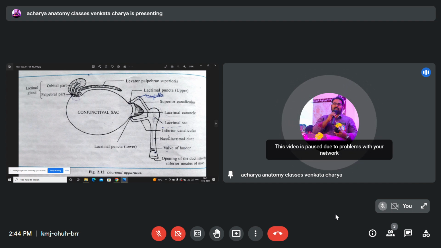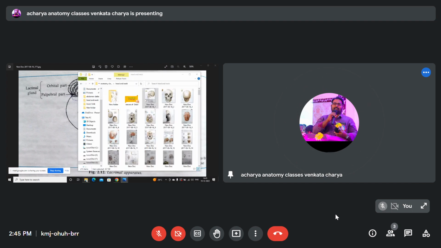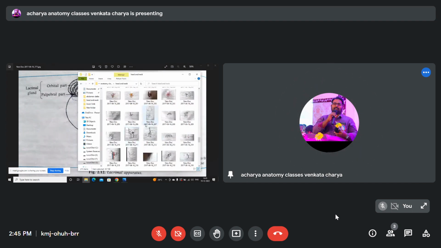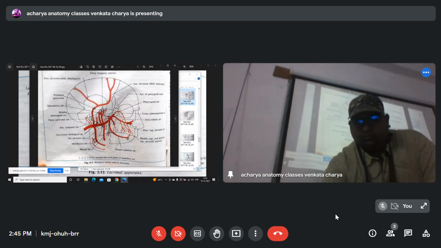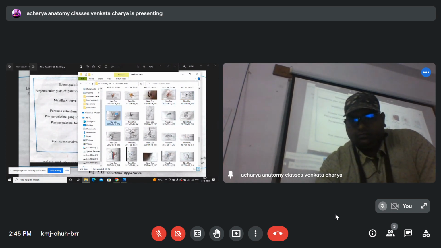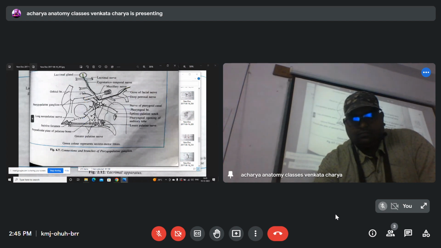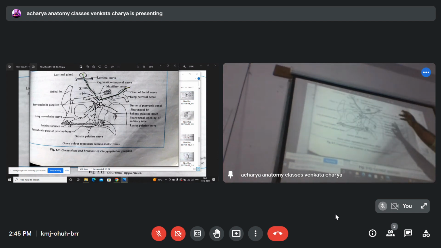The lacrimal gland is supplied by the lacrimal nerve.